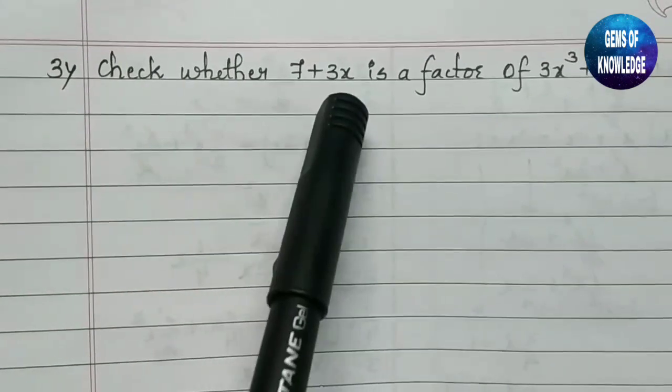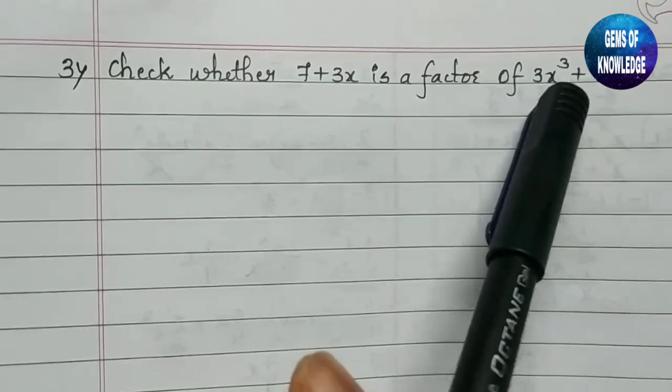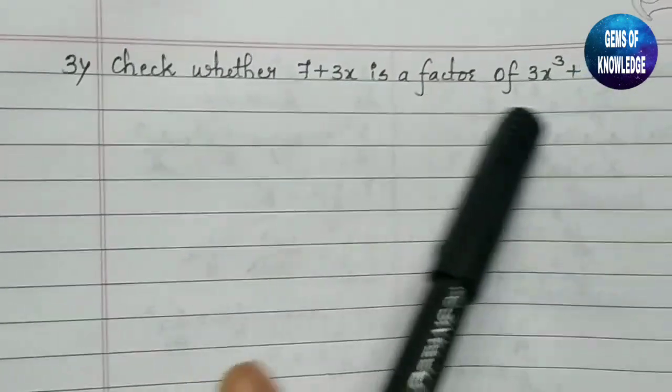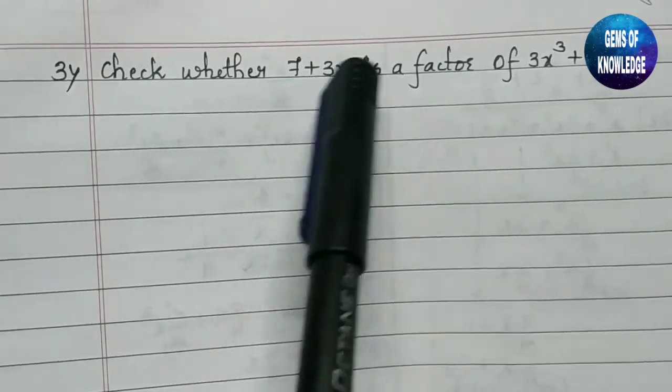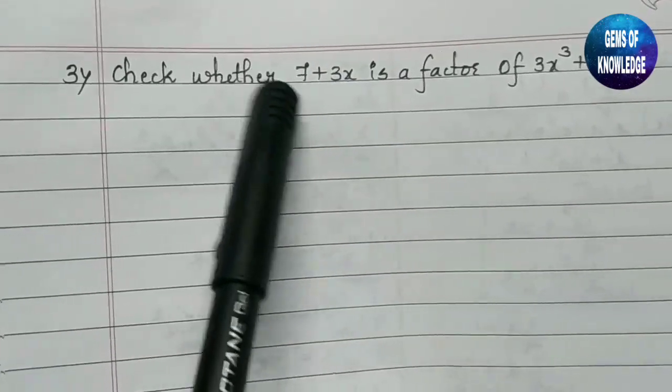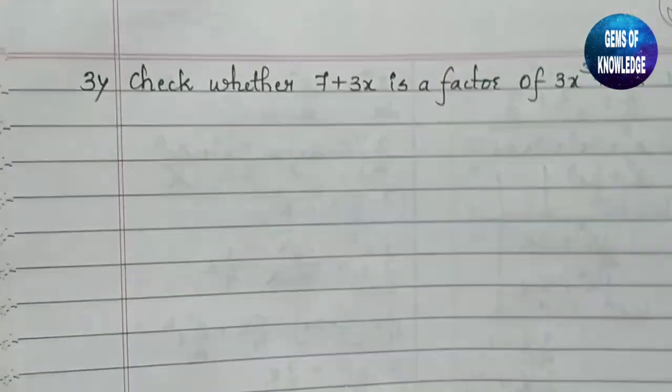Check whether 7 plus 3x is a factor of 3x cube plus 7x. So here we need not solve the whole division method. What we need to do here is check whether this 7 plus 3x is a factor of 3x cube plus 7x or not.